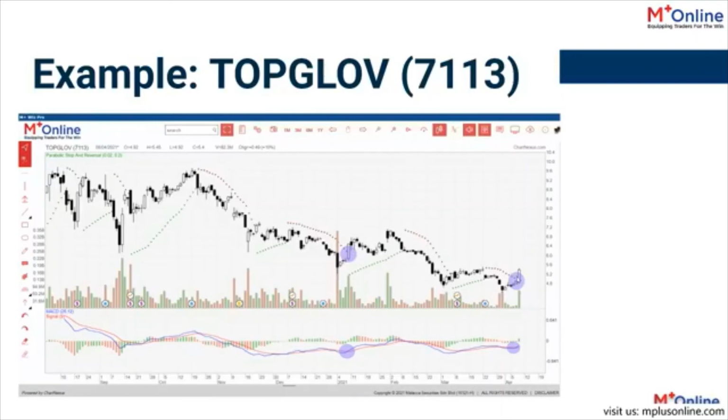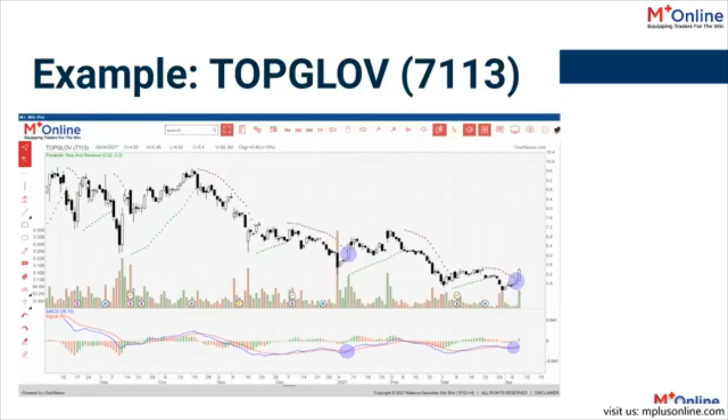So you can see right here for Top Glove today, as it breaks above the Parabolic SAR, there is a cross. A cross just happened. The momentum is there. When you see right here, when it rebounds, we don't see a cross happening.